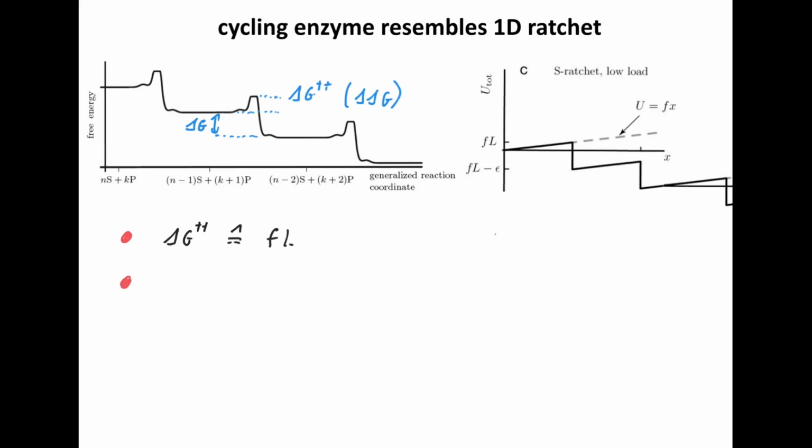Likewise, the delta G in the case of the enzyme, which can be split into delta E minus T delta S, we can identify with the energy jump of the pawl, epsilon minus F times L, in the real space machine.